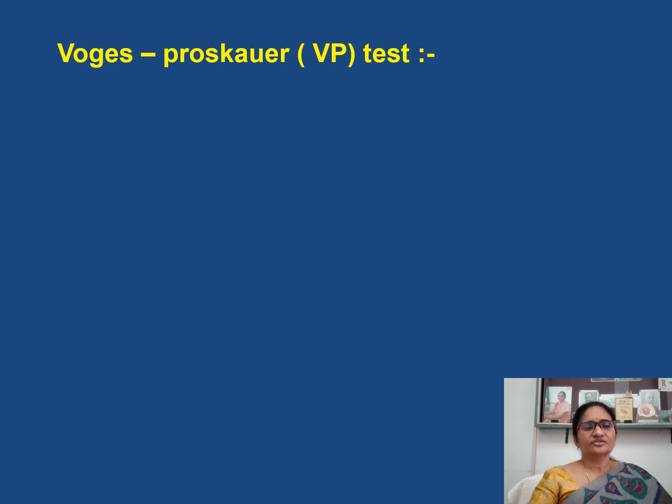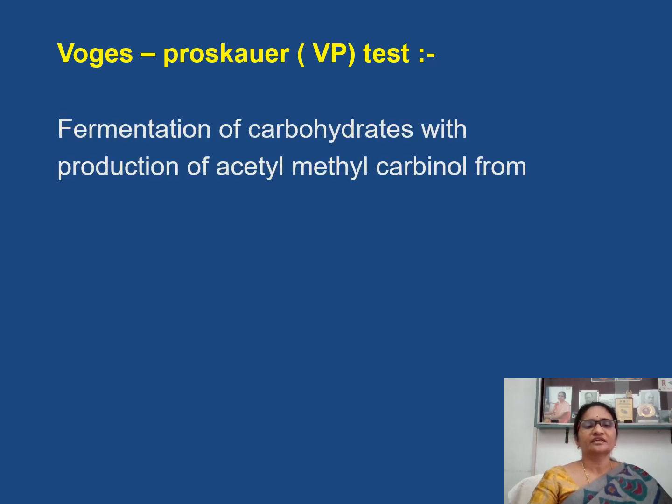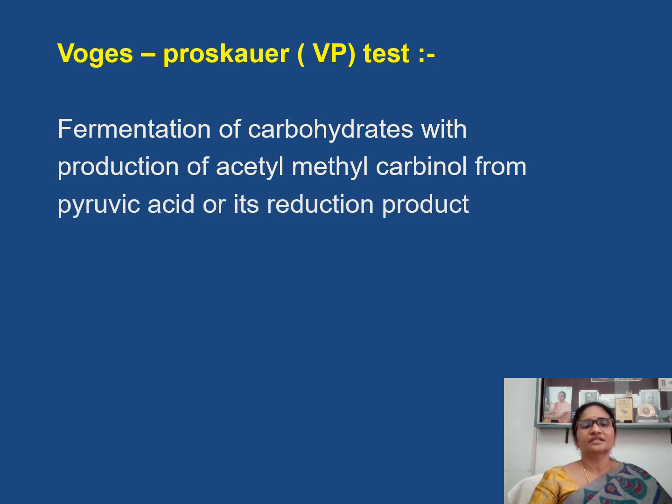The third test in the IMViC reactions is the Voges-Proskauer test. It is for some bacteria that ferment carbohydrates with production of acetyl methyl carbinol from pyruvic acid, or its reduction product 2,3-butylene glycol.